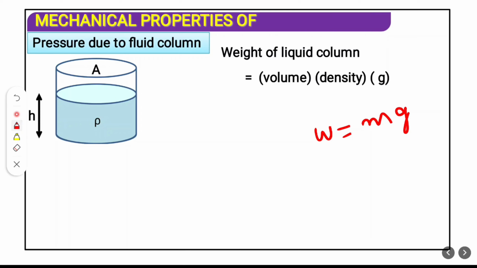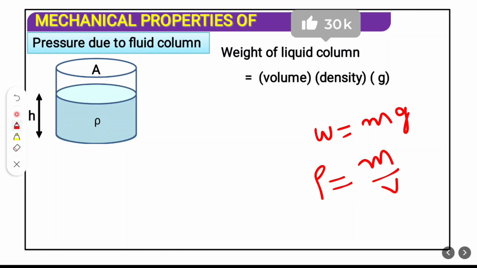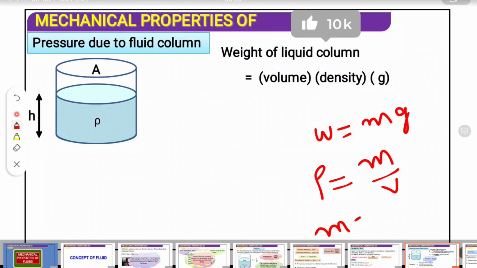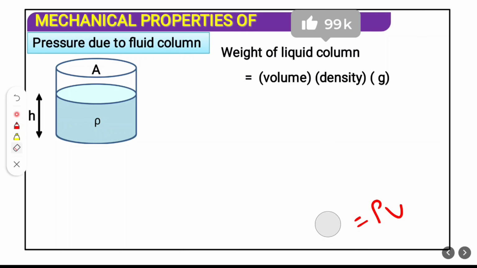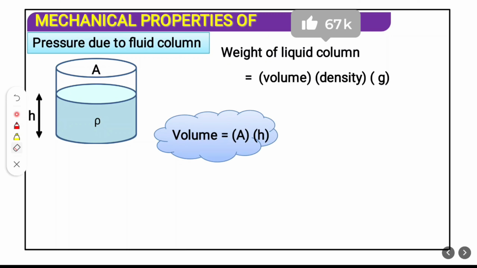We don't know the mass, but we know density rho is equal to mass by volume, so m is equal to rho into v. That is volume into density into acceleration due to gravity. Volume is equal to A into H, where A is the area of cross section and H is the height of the liquid column.